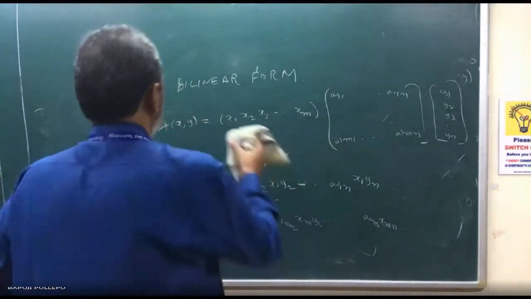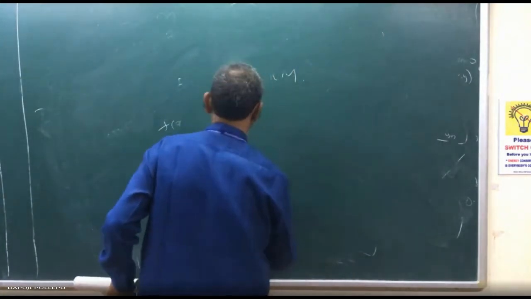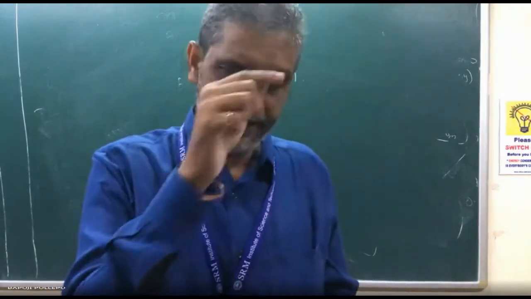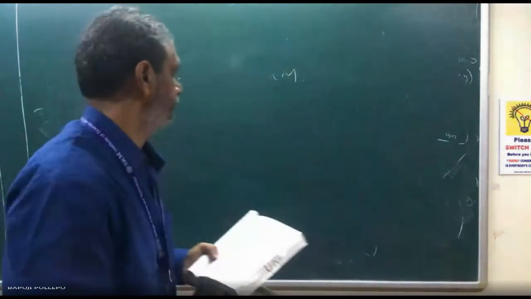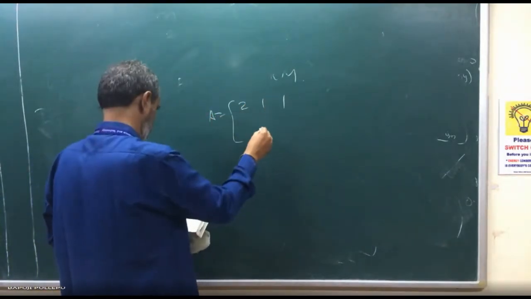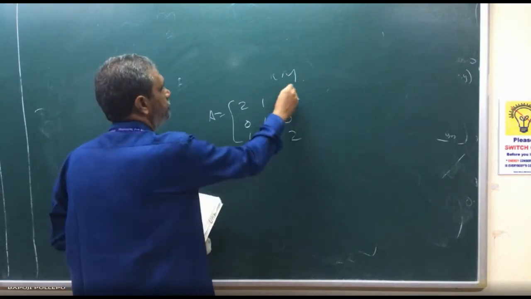A is equal to, note down the matrix. New topic again, I will take this, sir, don't worry. A is equal to 2, 1, 1. First row is 2, 1, 1. Then 0, 1, 0, 1, 1, 2.